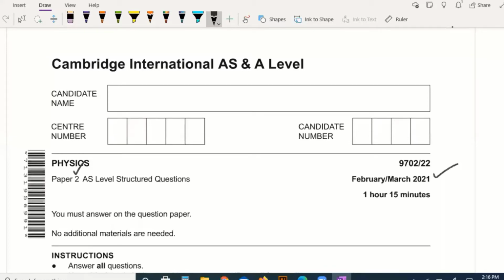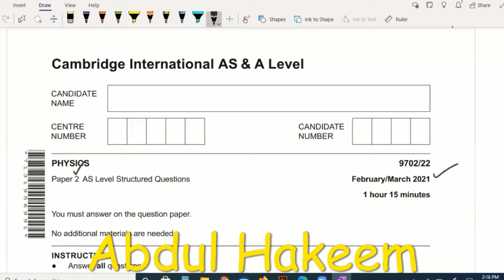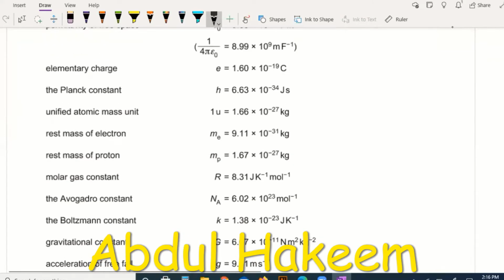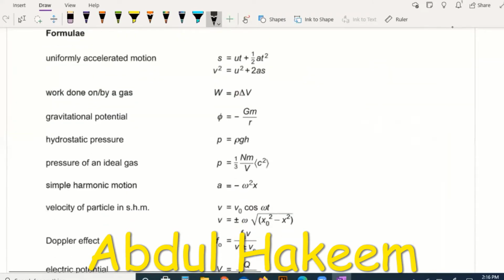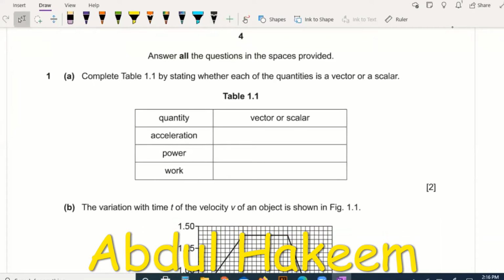Okay, so this is paper 2, February-March 2021, variant 2.2. Look at question number 1. Answer all questions in the space provided. Complete table 1.1 by stating whether each quantity is a vector or scalar.